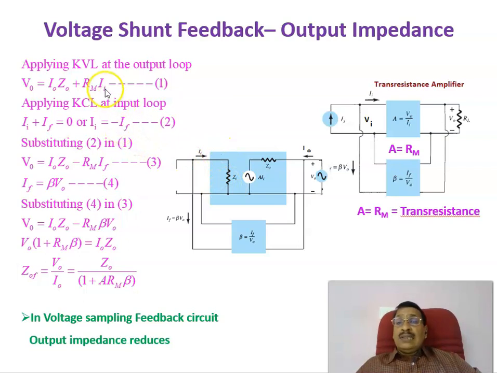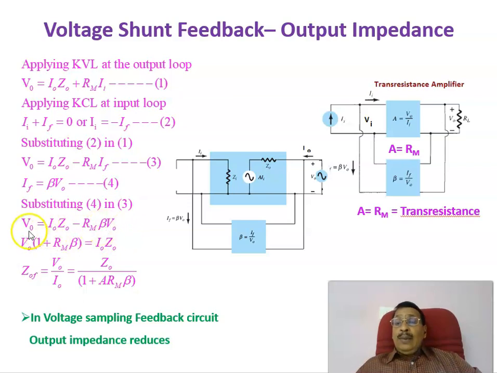If we replace this II by minus IF, we will be getting the output voltage equal to I0 Z0 minus RM into IF. Now, what is the feedback current? IF is equal to beta times V0. Substituting IF equal to beta times V0 here, V0 equal to I0 into Z0 minus RM into beta times V0.